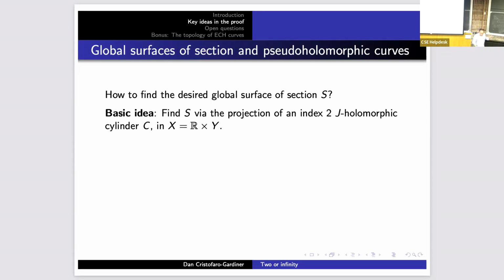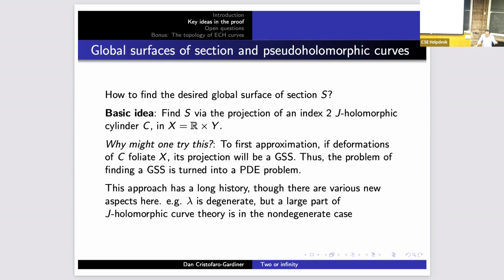Let me give at least a heuristic for why that's true. The basic idea is that, to first approximation, this allows me to think of the problem of finding a global surface of section for the flow, which is a pretty hard problem, and instead turn it into a problem of foliating this 4-manifold X by copies of this cylinder.